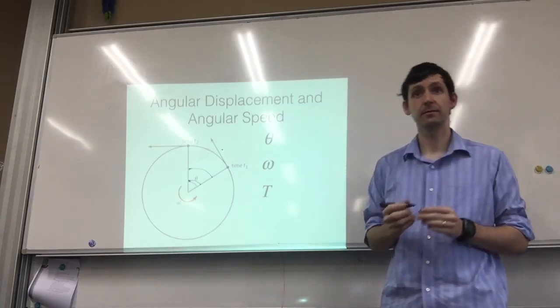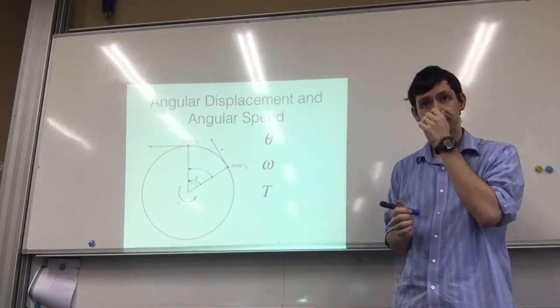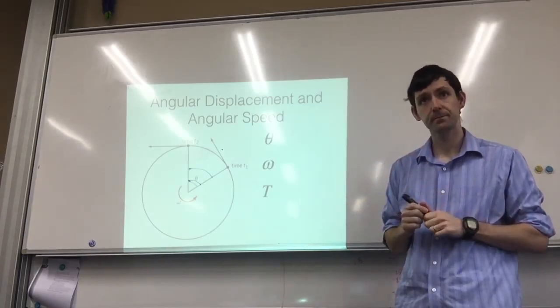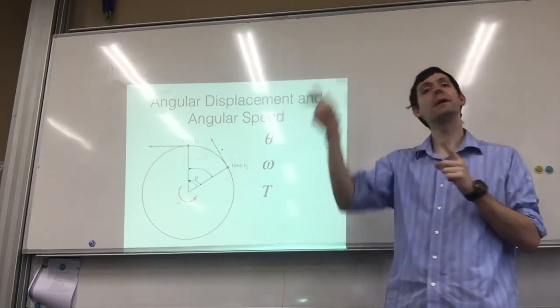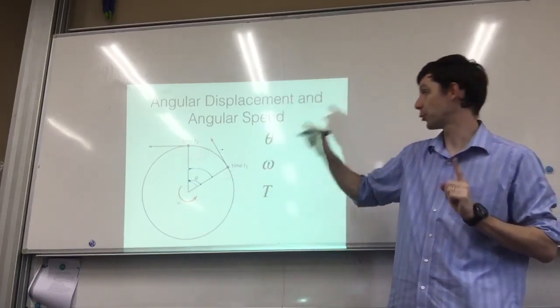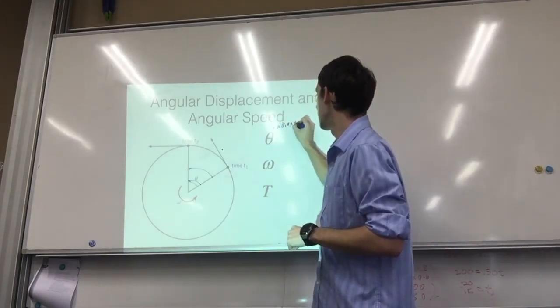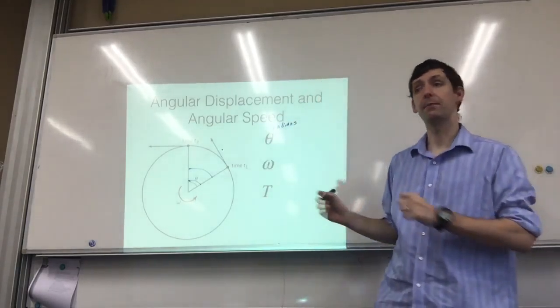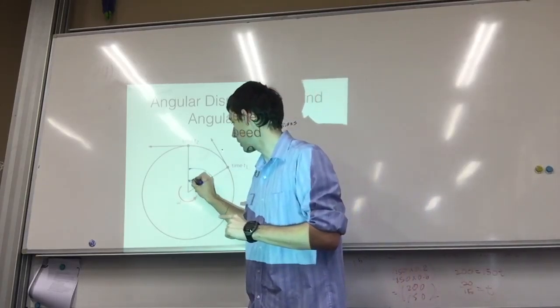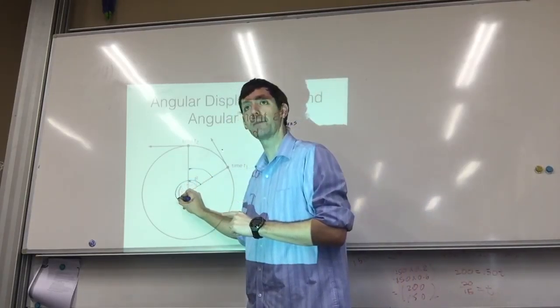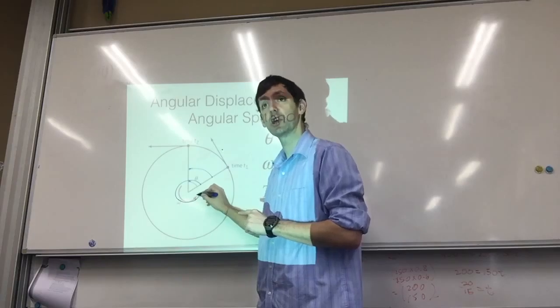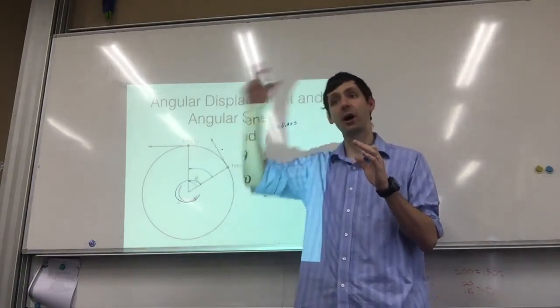Yes, Kate? So the angular displacement max can be like 180, it goes to 180 and then it comes back? No, because it's how many radians have you rotated through, and it should be in radians, by the way. So pi. And so up to pi, but when you go past pi, if I start here and go to there, I've gone through pi, but I can continue going. And so it should represent how far I've actually gone.